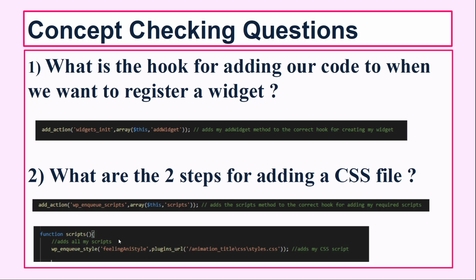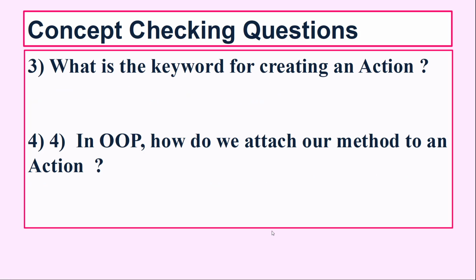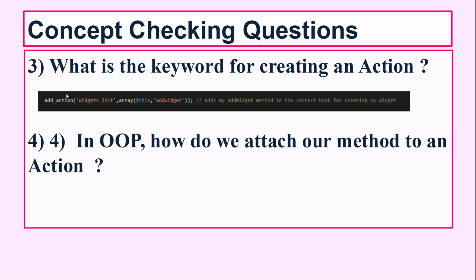The first value is the handle name, which can be anything you want, and then attach the pathway of our CSS file. So those are the 2 steps. What is the keyword for creating an action? Well, it's add action. So that's the keyword.